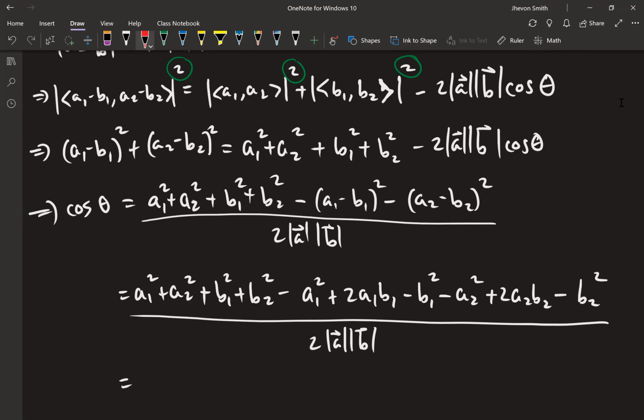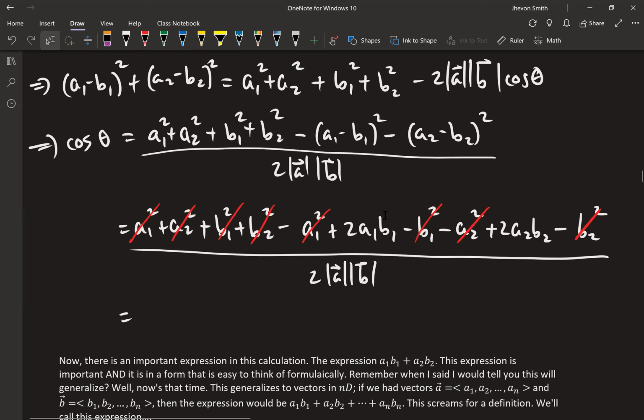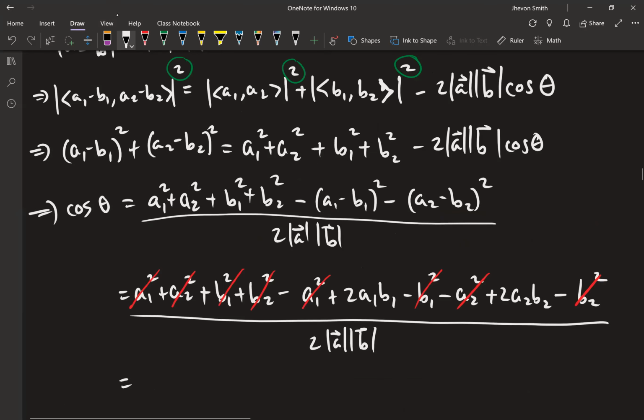Things will start canceling. a1 squared cancels this a1 squared. a2 squared kills that guy. The b1 squared kills the b1 squared here. The b2 squared kills the b2 squared here. And you will notice that I have this thing ending up here. I would have a1 b1 plus a2 b2 over 2 ab magnitude.